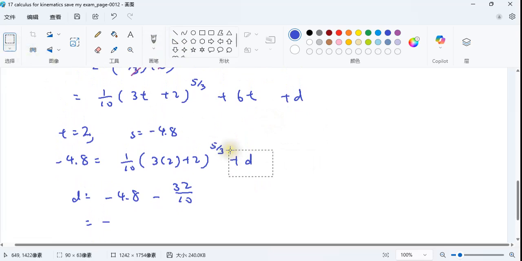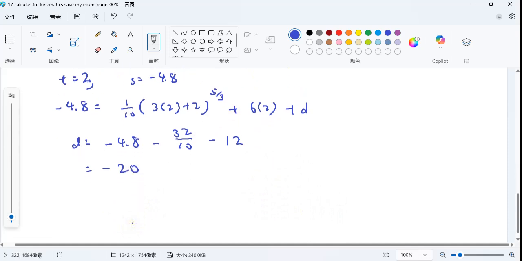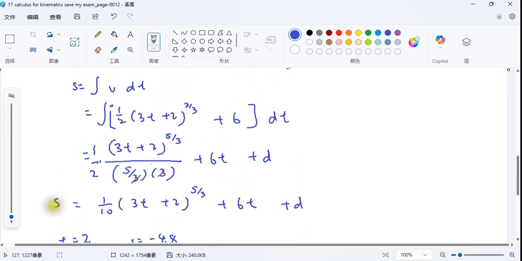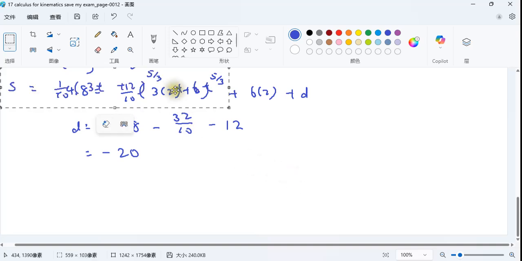So plus 6 times 2. Then minus 12. Minus 12. So negative 20. Yes, negative 20. So the S will be this one minus 20.